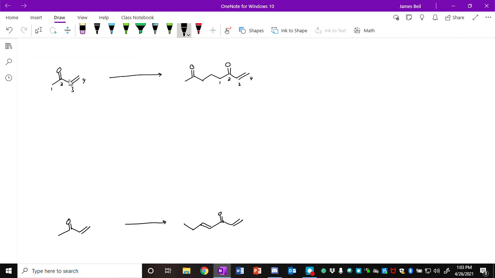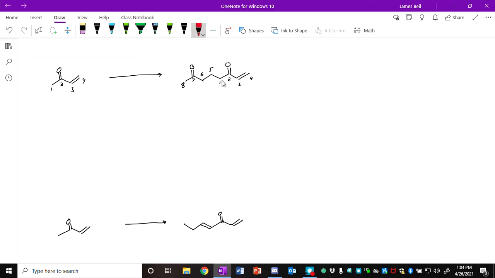If these four carbons here are the same as the four carbons on the product that I've labeled with the same numbers, then the goal here is going to be to connect four more carbons. So we have to figure out how we're going to do that.